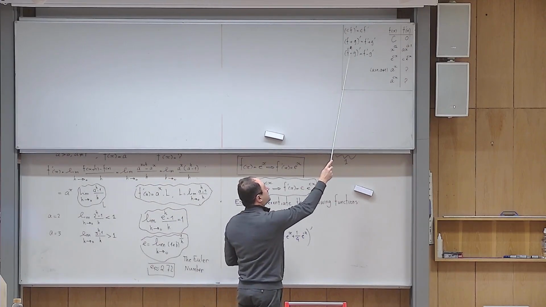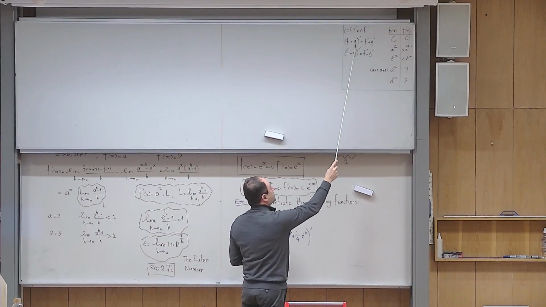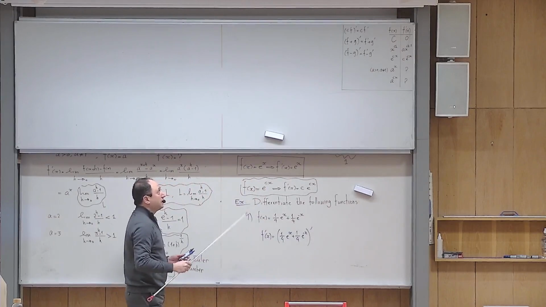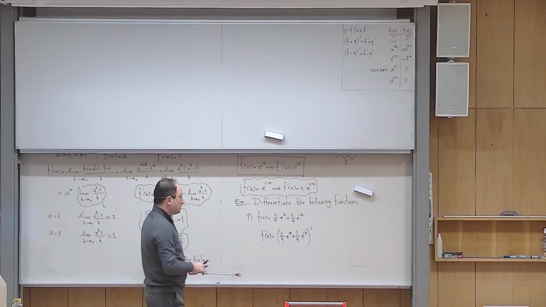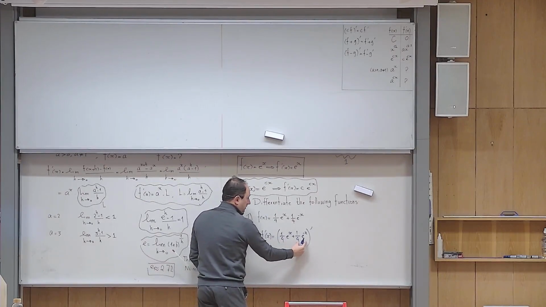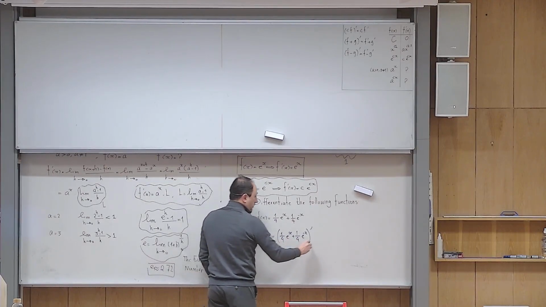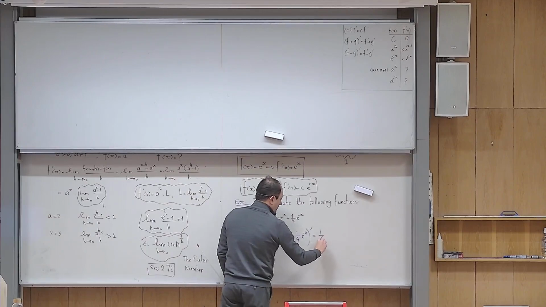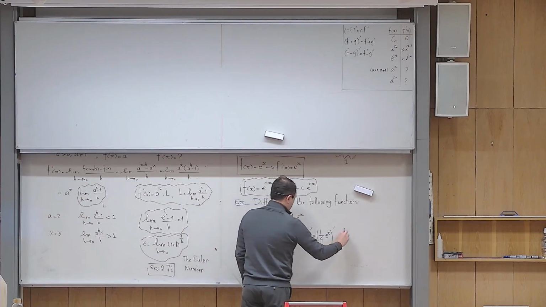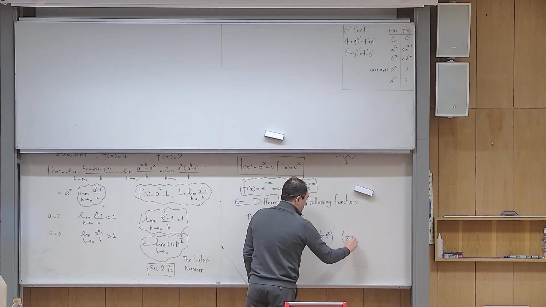This rule tells me that if I have the sum of two functions and I want to differentiate the whole sum, I am allowed to do it separately. So this is one function, this is another function, they have been added. I want to differentiate, so I am allowed to differentiate the first one, differentiate the second one, and add the results.